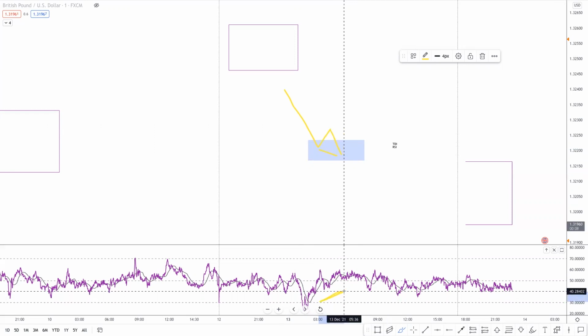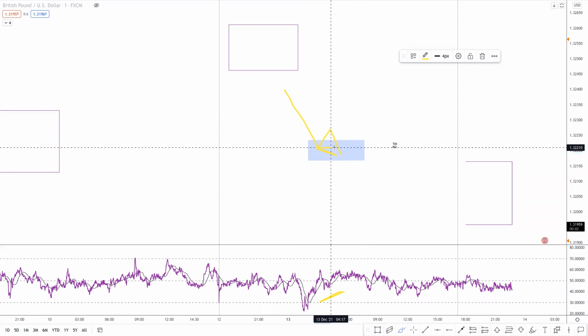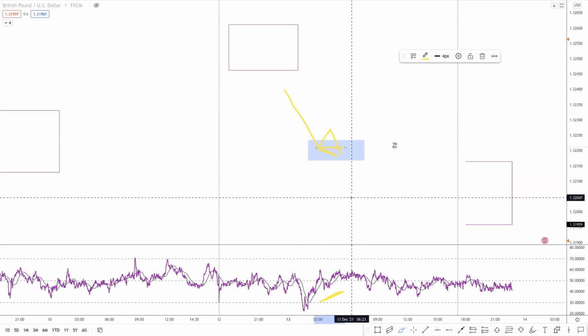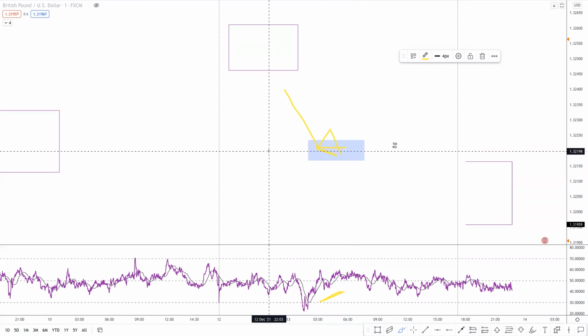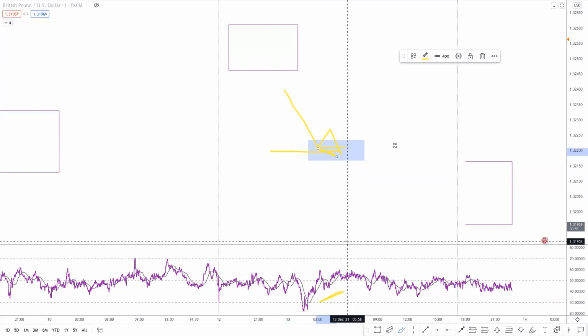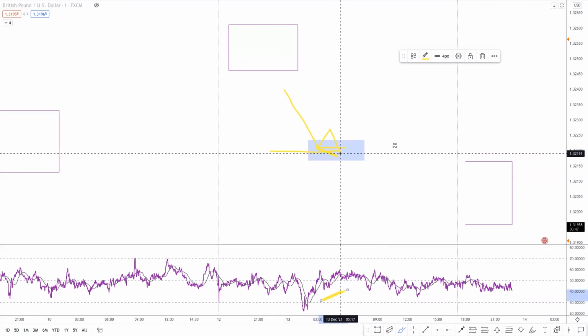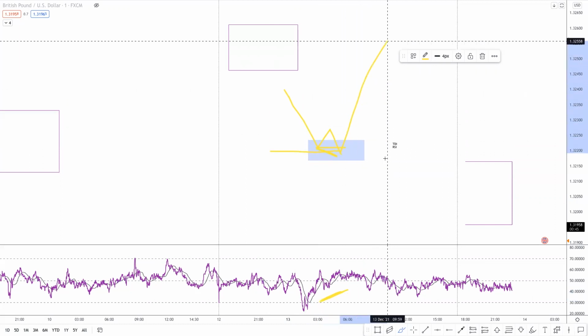Seeing that this is coming up and this is coming down now validates this POI. We had a sweep of liquidity within the POI. We are assuming we have swept some other form of liquidity in the past. And now we have a divergence within our POI and a divergence on our indicator to tell us that this is now a valid POI.